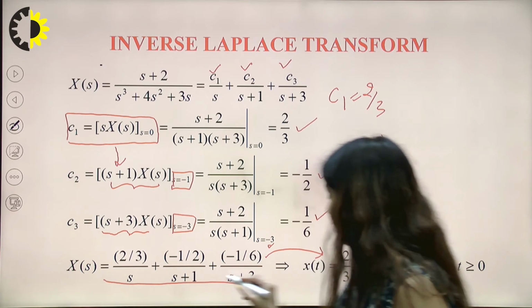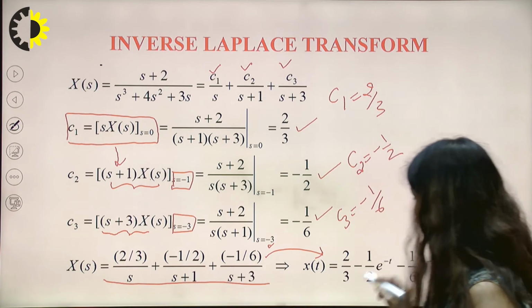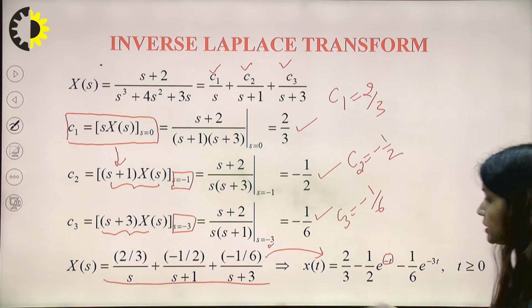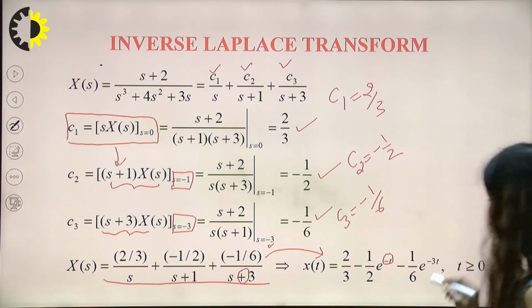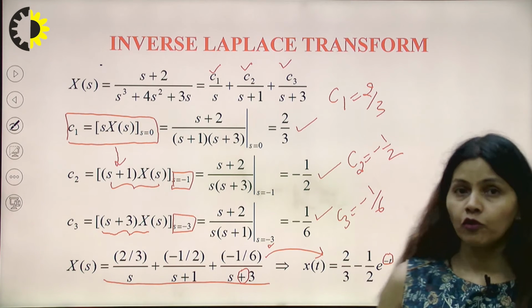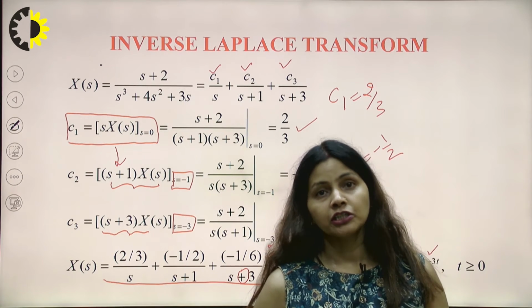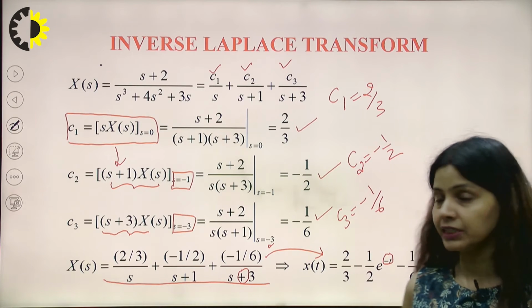When there is a minus sign, it will come out to be positive. Here, since it is a plus sign, I am taking the minus sign. Similarly, we will do for this, for plus, here I will put the minus, as the formula is like that. And if you want, you can multiply by the unit step function for proper representation.